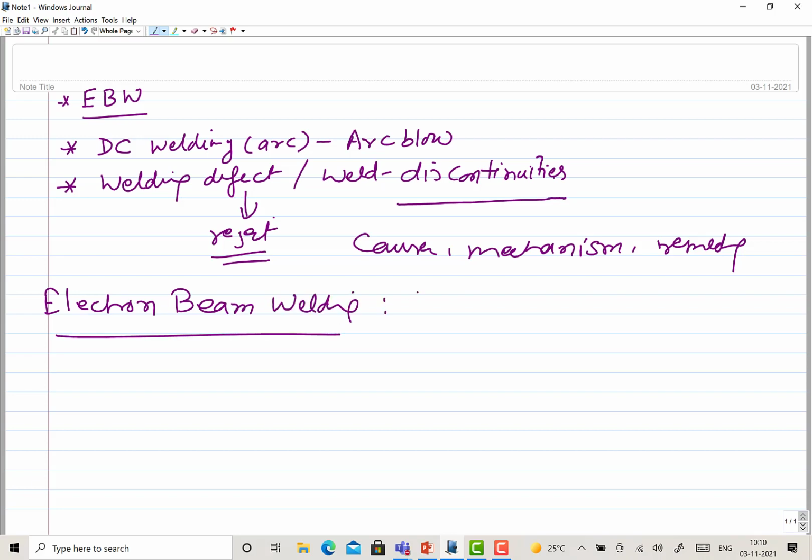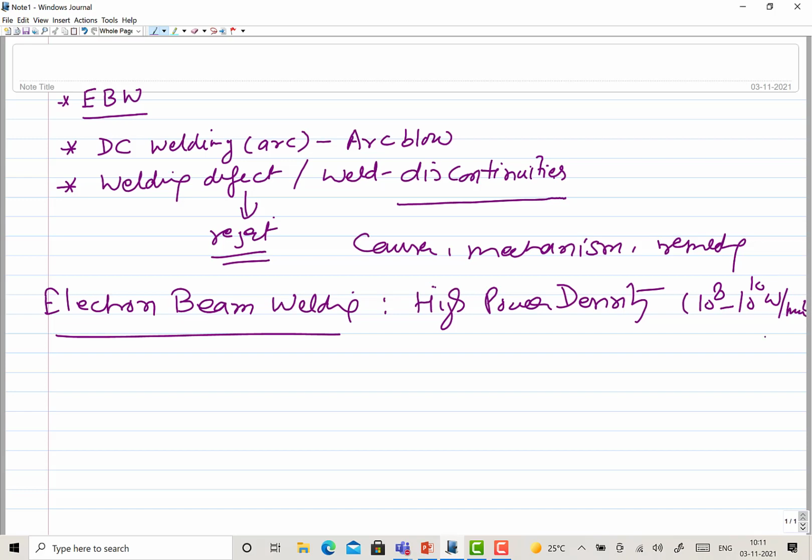This is basically a high power density process, matching with laser beam welding. It's very common to go up to, say, 10 to the power 8 to 10 to the power 10 watt per mm square power density.